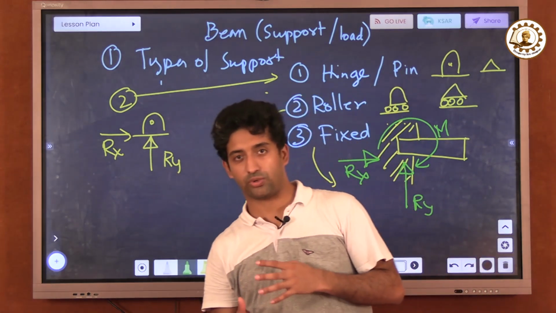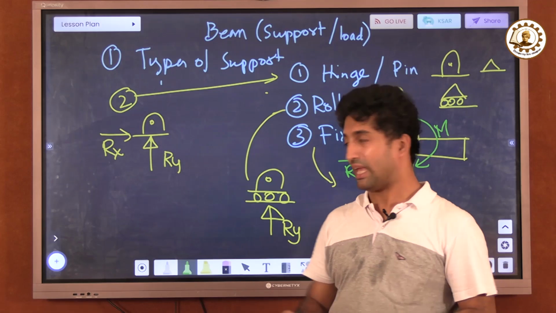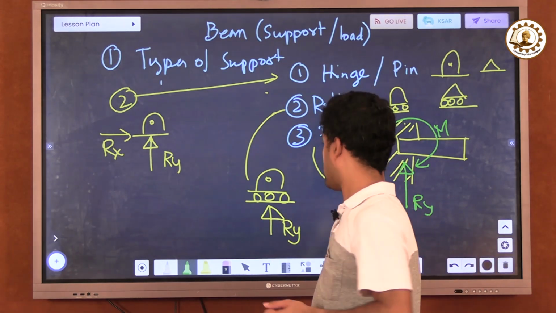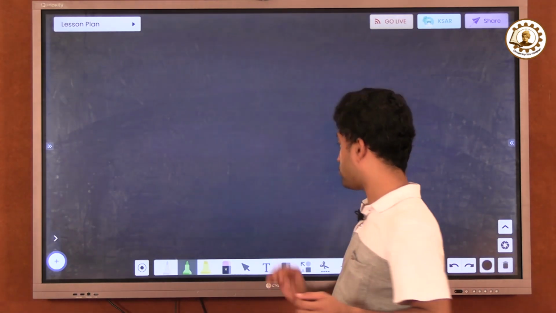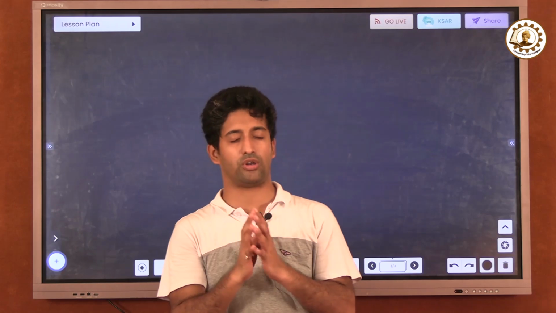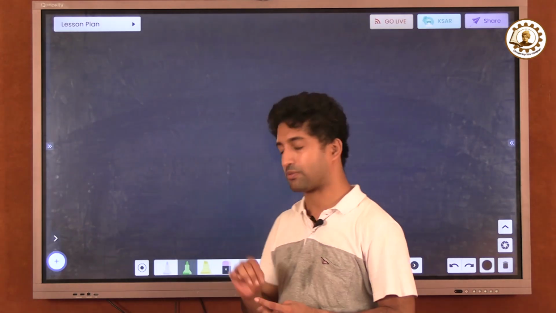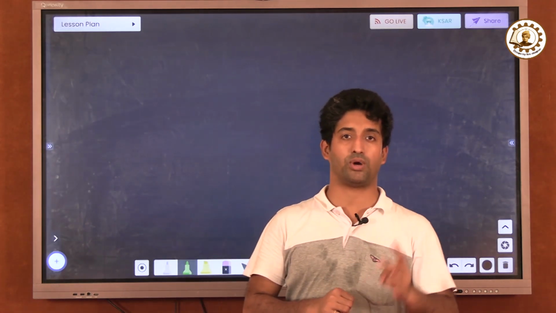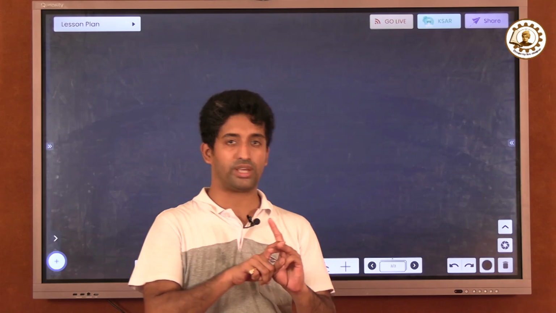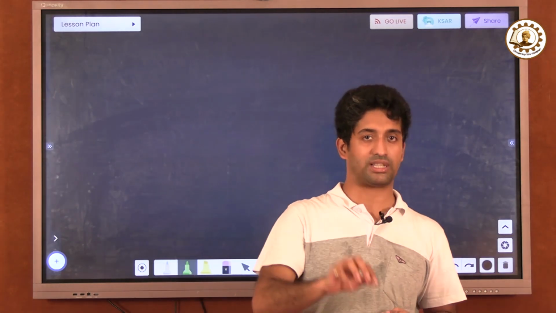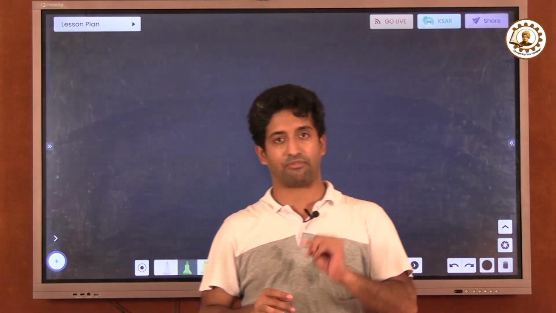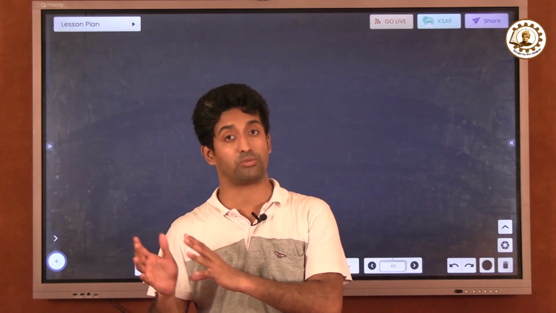What loads will be applied on the beam? There are actually three types of load, to say it in a precise way. One is point load, one is UDL, another is VDL. UDL means uniformly distributed load, and VDL means variable distributed load.